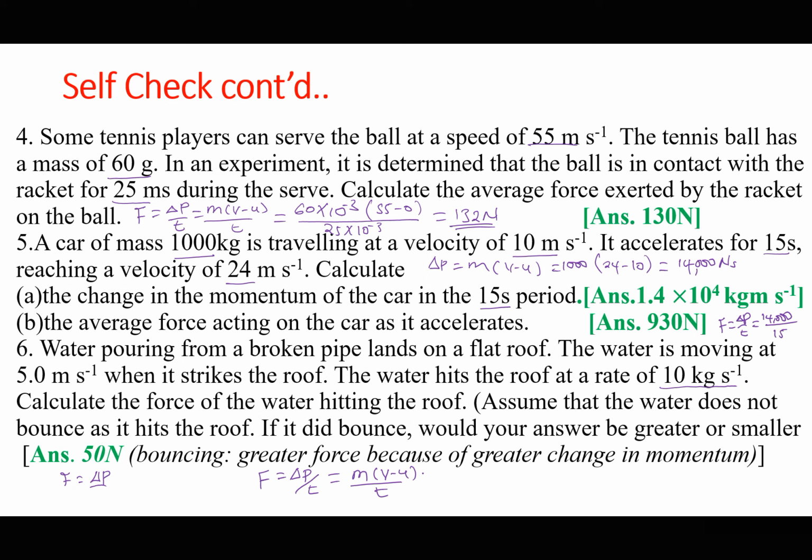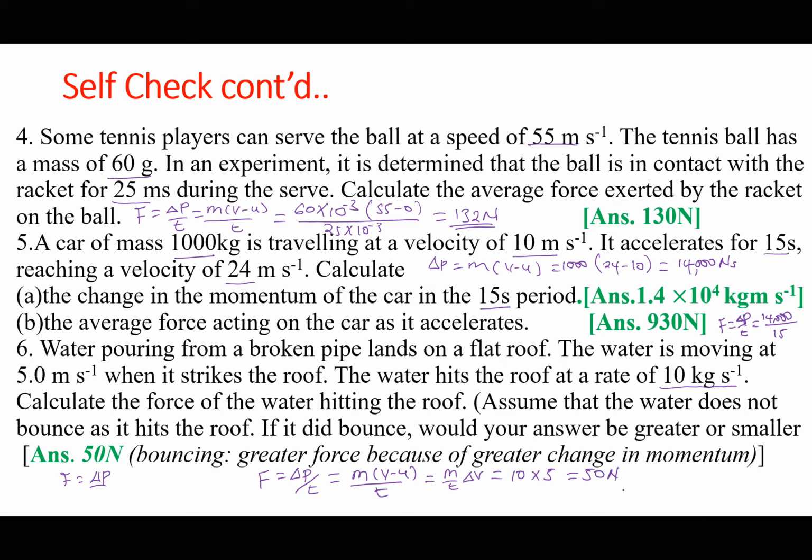I just want the change in velocity, so I can say u minus v. This is going to be m over t times the change in velocity. They have given us m over t as 10. The change in velocity is 5 minus 0, so that is times 5, which gives us 50 newtons.